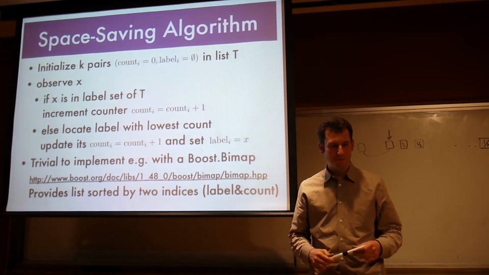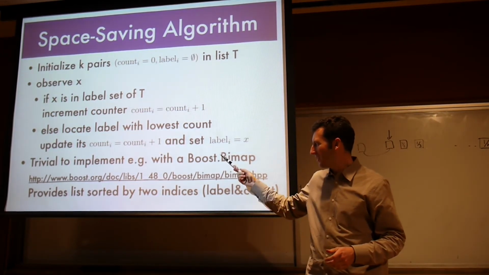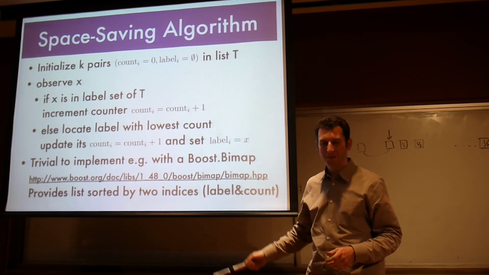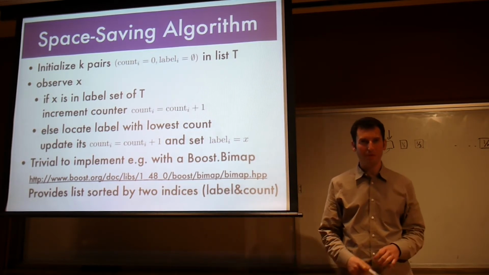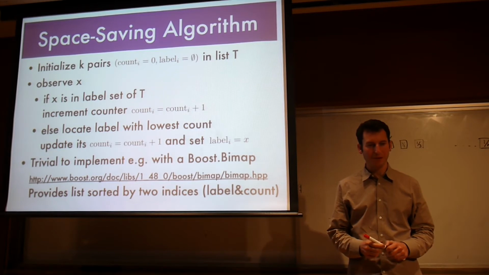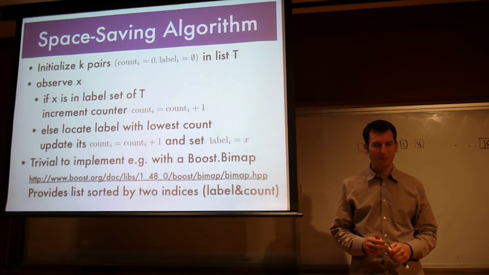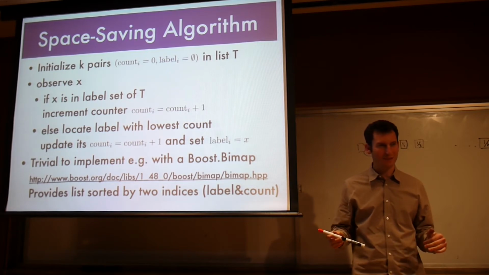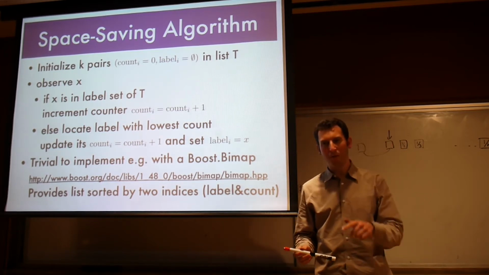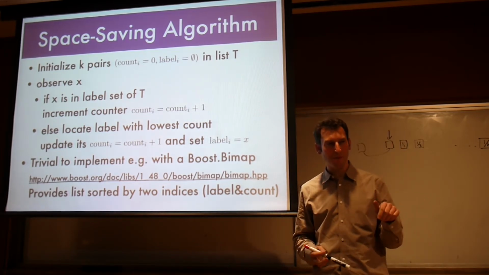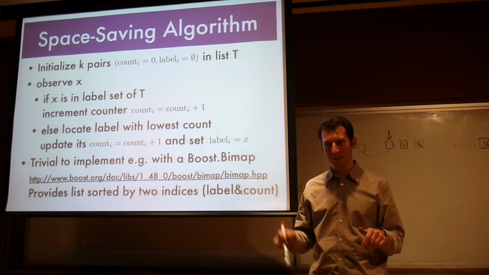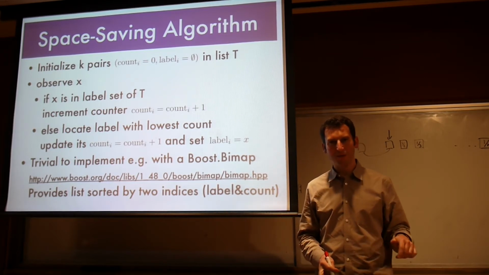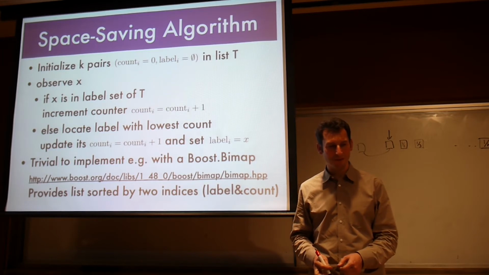By the way, this is really trivial to implement, if you find the right tools. There's something called a bimap in Boost. It basically is a list that you can sort by two indices. You want to sort it by one index such that you can do a quick lookup. You want to sort it by another index, namely the counts, in order to find out which is the smallest guy to evict.